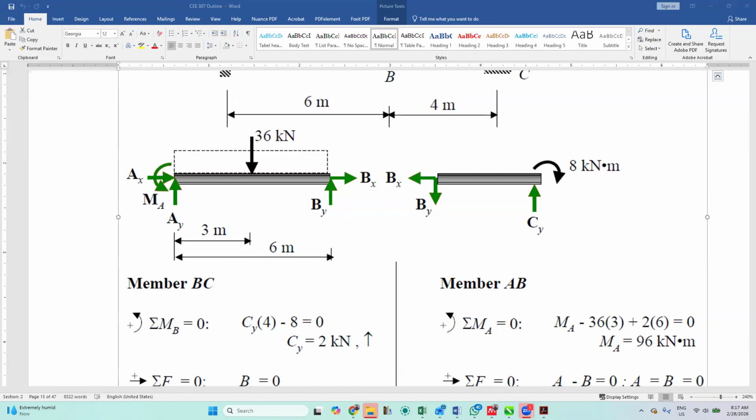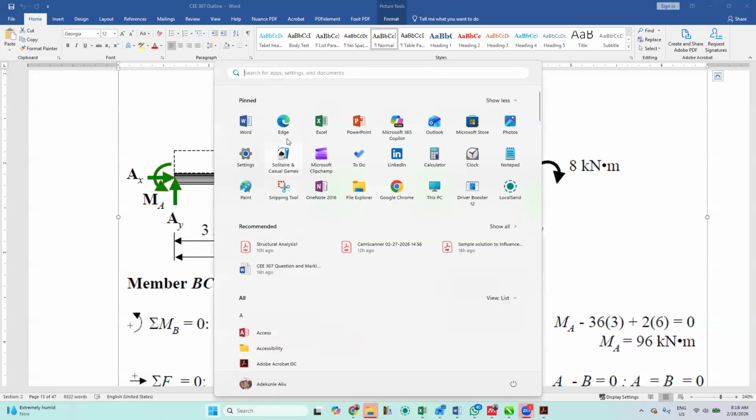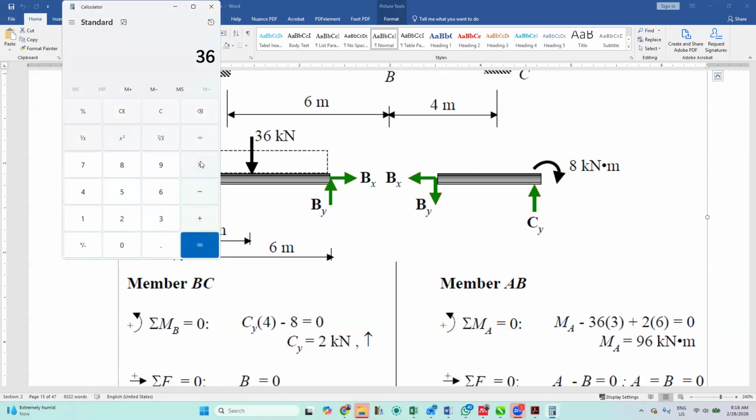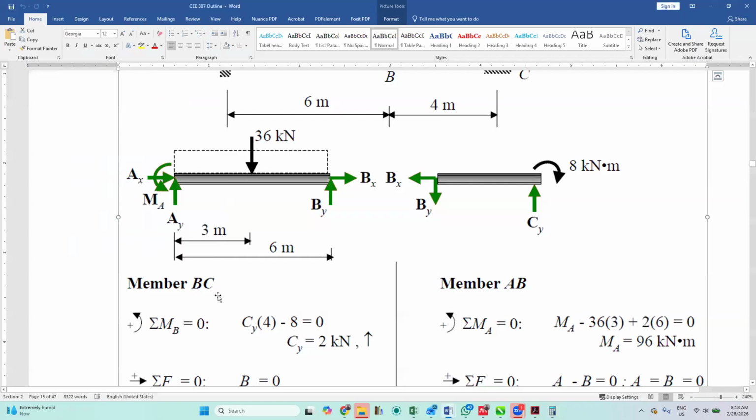Now, here we have 6 by to be equal to 36 times 3. What is 36 times 3? That should be 108. Yes, 108.